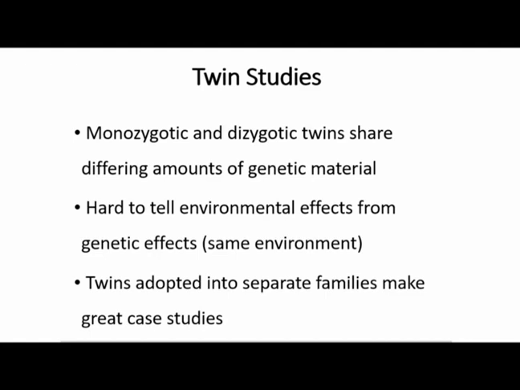So if we have twins who are adopted into separate families, this can make a great case study that lets us pick apart genetic influences and environmental influences with just another degree of information, giving us a little bit more information than just twin studies alone, especially when we have identical twins, because that 100% shared genetics gives us a really strong background on what the genetics of those two people look like.